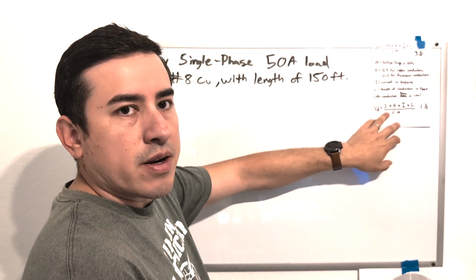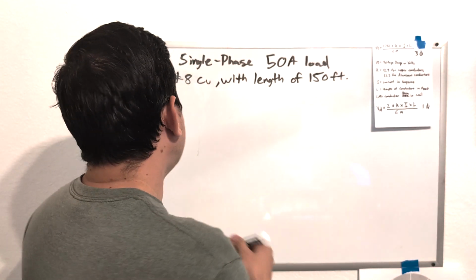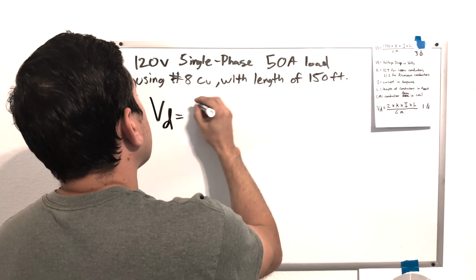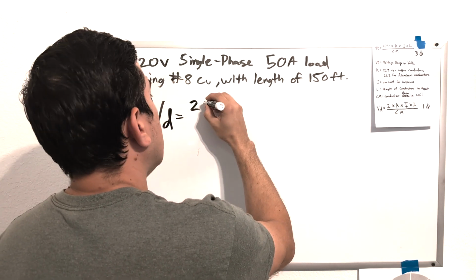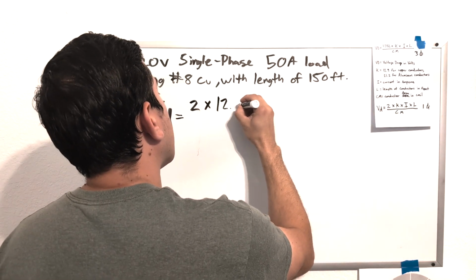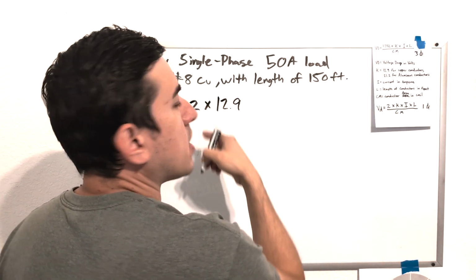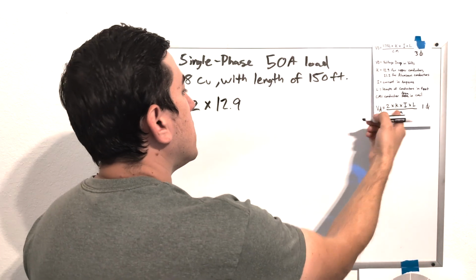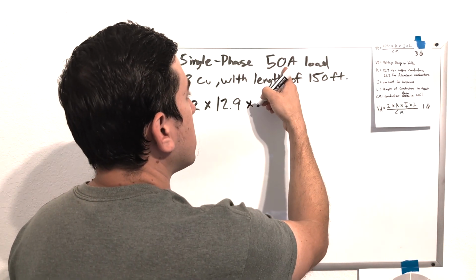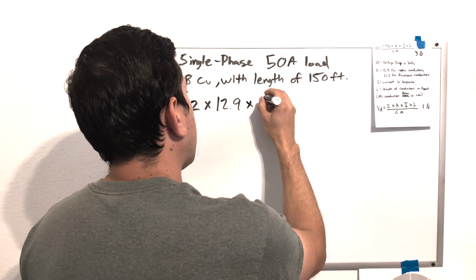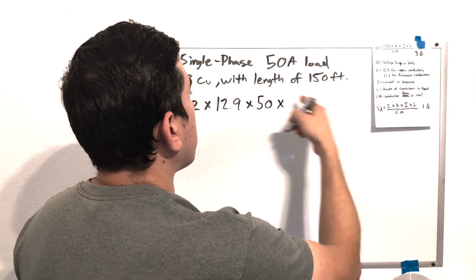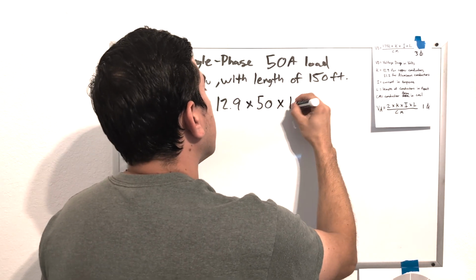I had to write our formula down here, but if we want to figure out the voltage drop for this, we would do 2 times our K constant, which is 12.9 for copper, not for aluminum, so remember that, times I, which is our load in amps, so that's 50, and then we're going to have our length of 150.